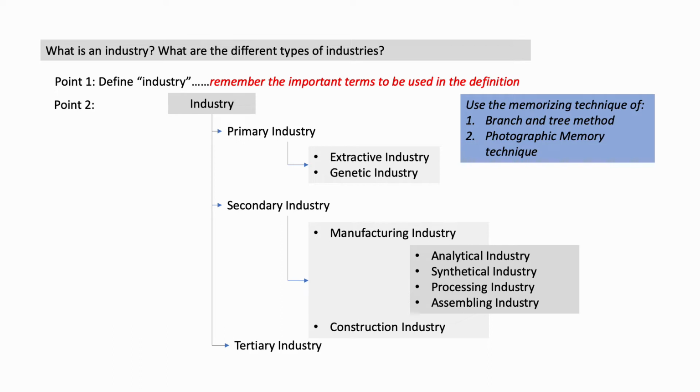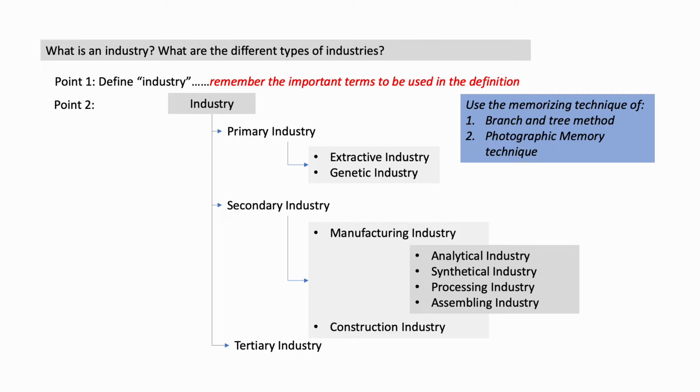So typically, when we say what are the types of industries, there are 3 types of industry as you see on the screen: primary industry, secondary industry, and tertiary industry, and then further bifurcations of each of these categories. So when you have this photograph of this branch etched in your mind, you will never forget the answer.